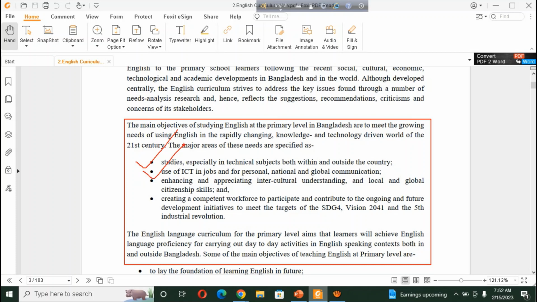enhancing and appreciating intercultural understanding and local and global citizenship skills, and creating a competent workforce to participate and contribute to the ongoing and future development initiatives to meet the target of the SDG 4 Sustainable Development Goals, Vision 2041, and the 4th Industrial Revolution.